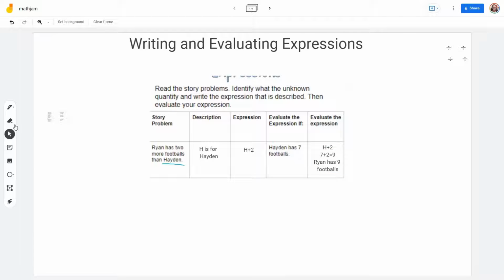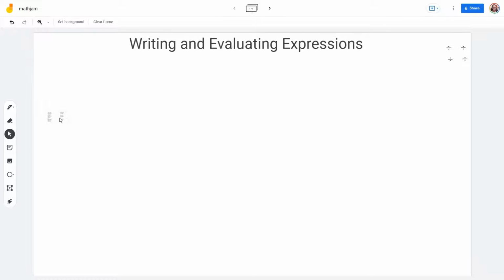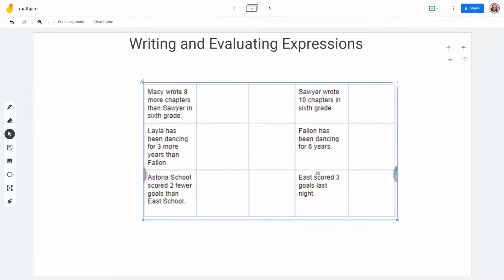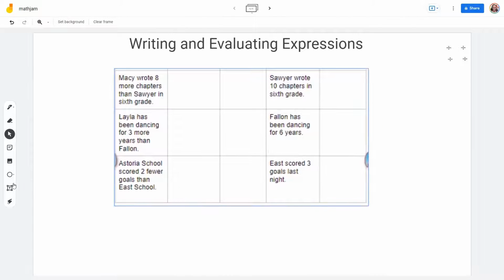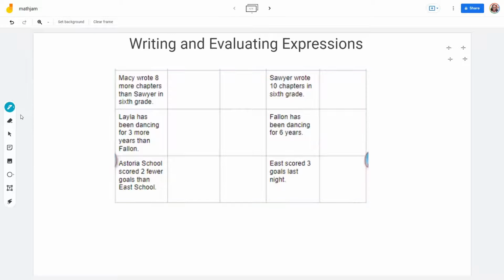All right, so let's take a look at what we've got next. Let's just clean that up a little bit. Our next one says, Macy wrote 8 more chapters than Sawyer in 6th grade. Well, the unknown information is how many chapters Sawyer wrote. So let's write that out.